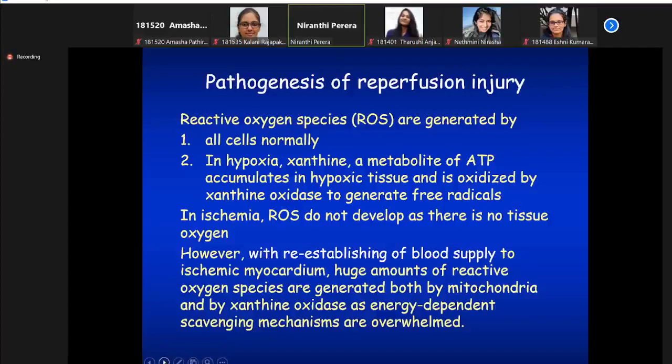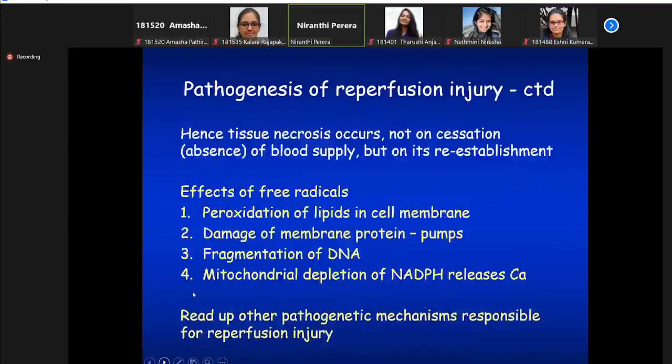So you can get extension of the infarct. Now, if you have chosen your patients for thrombolysis carefully, this won't happen. In fact, you might be able to control the size of that infarct very well and there won't be any injury. So reperfusion can either result in injury or not, right? So that's an important concept to know.